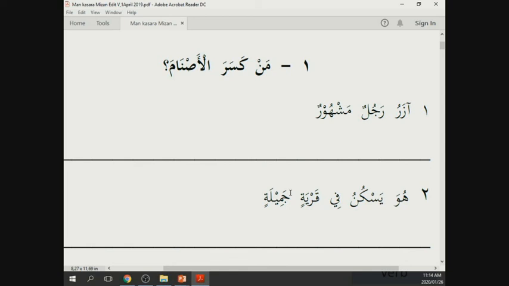Question? Yes, that does matter very greatly. The question is, does it matter if there's an al, like we have here, Baytul Asnami? Does it matter whether the al is on the bayt or whether the al is on the asnam? It does matter. But for now, how did you translate that?